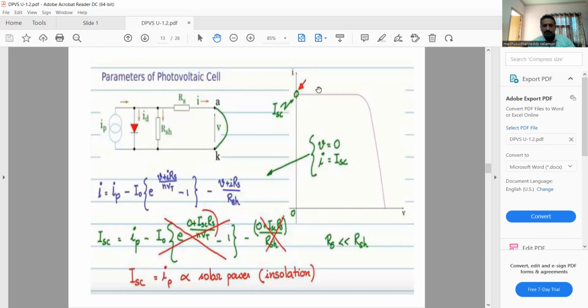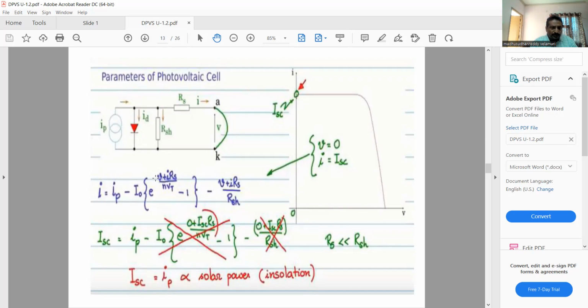This is about the VI characteristics. When you pick voltage equal to 0, the load resistance R is not infinity, we can make it a short circuit. When you make a short circuit, the voltage becomes 0, so you substitute V equal to 0.